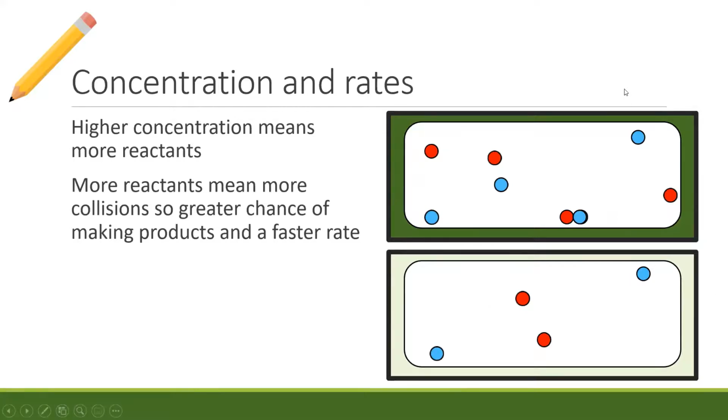In this one, there are so many particles, you can't even move 1 centimeter without banging into something. But in this one, you could travel 10, 15 centimeters before you meet another particle. That's why higher concentration means more reactants, which means more collisions, so there's a greater chance of making the rate go.